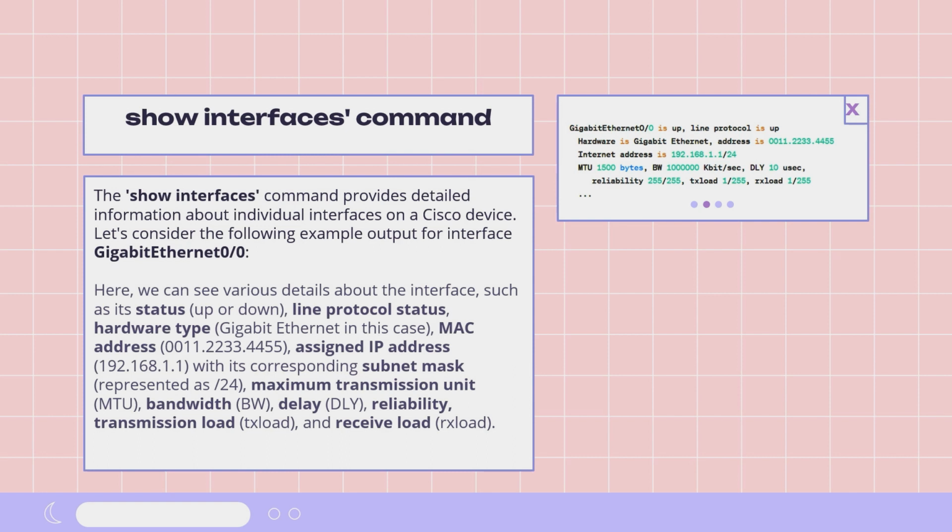Here, we can see various details about the interface, such as its status, up or down, line protocol status, hardware type, Gigabit Ethernet in this case, MAC address 0011-2233-4455, assigned IP address 192.168.1.1, with its corresponding subnet mask, represented as /24, maximum transmission unit, MTU, bandwidth, BW, delay, DLY, reliability, transmission load, TX load, and receive load, RX load.